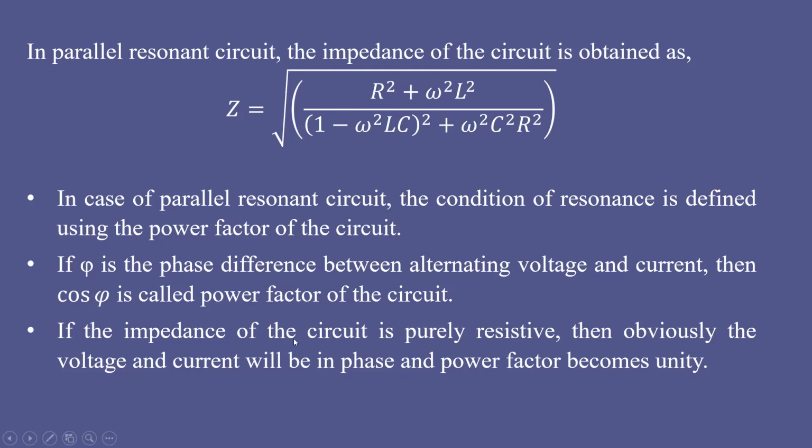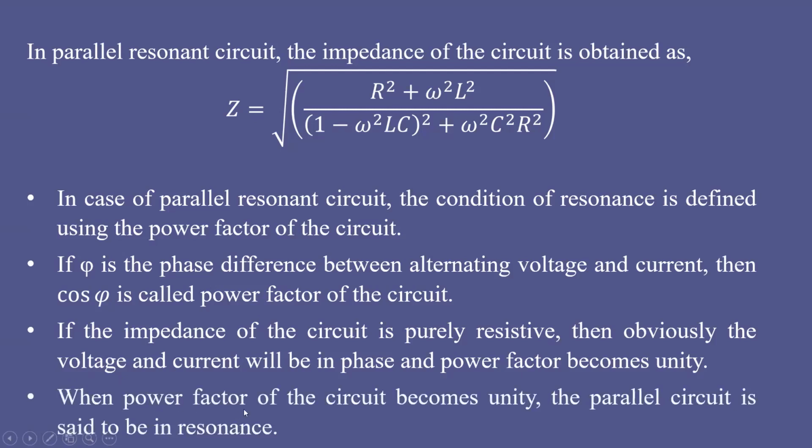So when the impedance of the circuit becomes equal to R, phi becomes 0 and cos phi becomes 1. That means the power factor becomes unity. That is the condition for resonance in the parallel resonant circuit. When the power factor of the circuit becomes unity, the parallel resonant circuit is said to be in resonance.